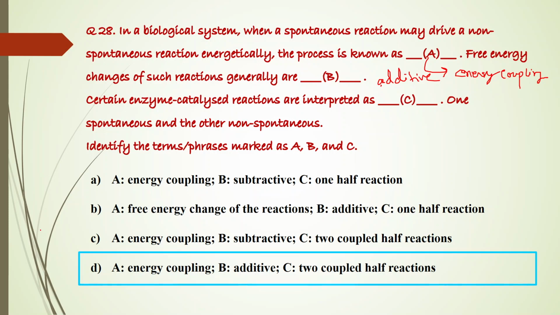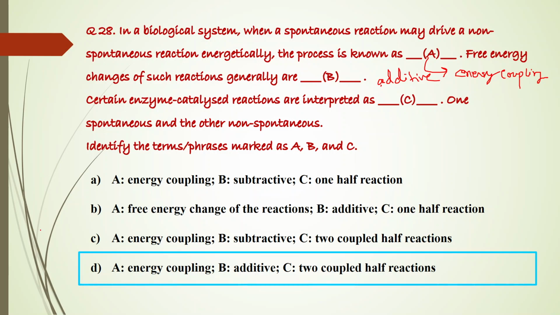The third one is, certain enzyme catalyzed reactions are interpreted as two coupled half reactions, because you know in case of certain enzyme catalyzed reaction you have an intermediate. We have done this in a mathematical form as well, that you have the formation of an intermediate and that intermediate can further take up another reaction giving you the final end product.